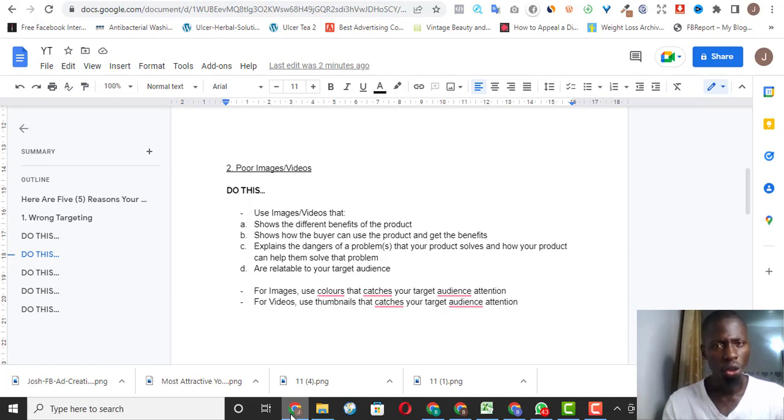Another thing is videos. When it comes to videos, a lot of people just put out videos that do not engage, videos that do not show how a product is used, how a product can transform people's life from A to B, and they expect people to be interested in such videos. People are not going to engage in such videos if the videos are not explanatory.